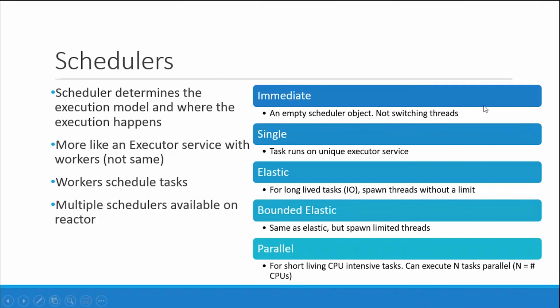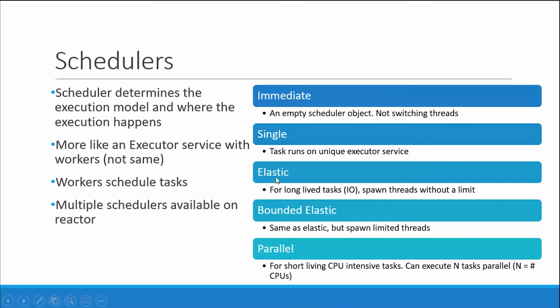So we have the immediate scheduler, Schedulers.immediate. It's like an empty scheduler object; it's not switching, but it executes the relevant part immediately. And we have the single scheduler. It's like creating a new thread and running on that thread.